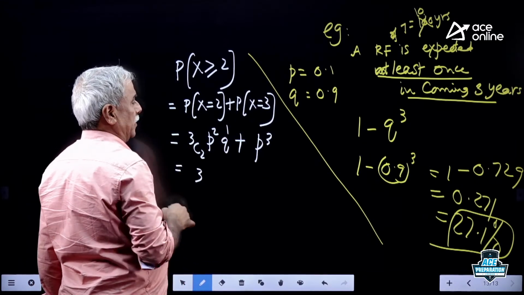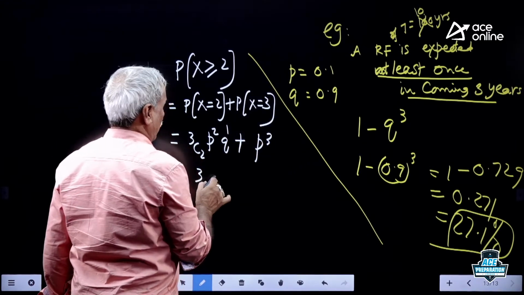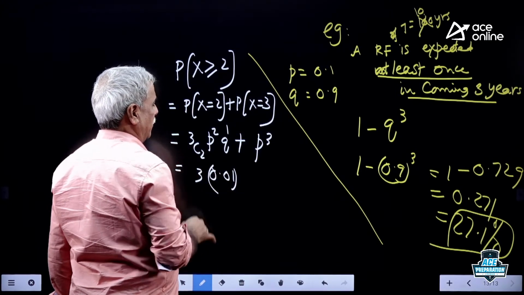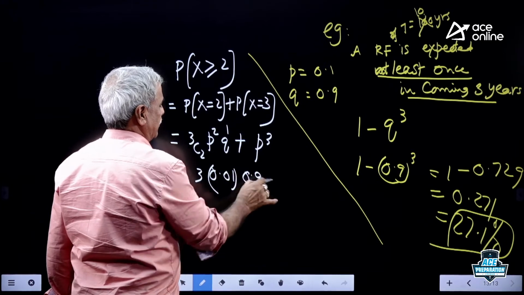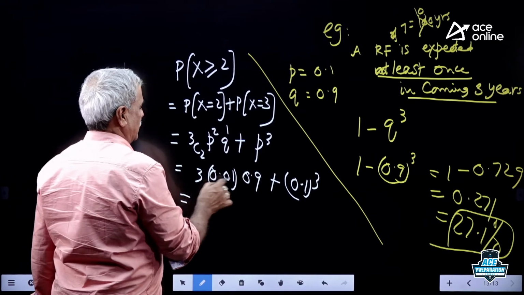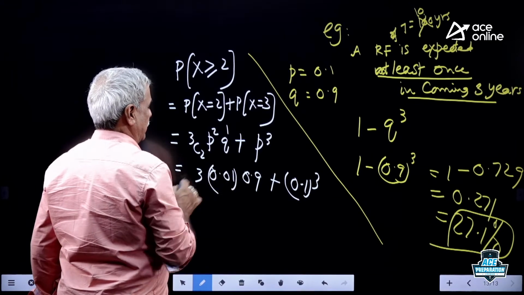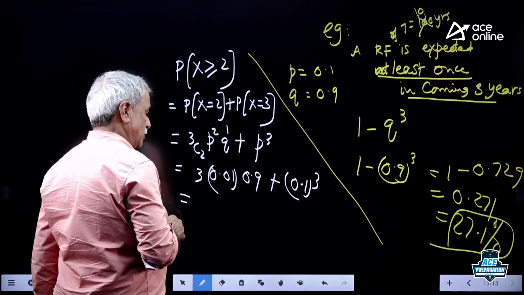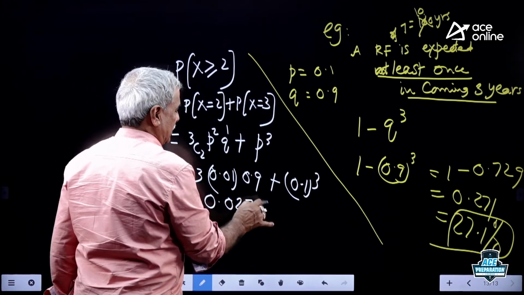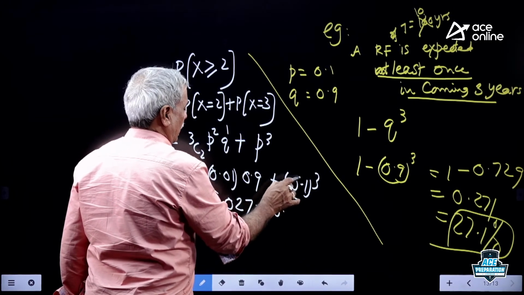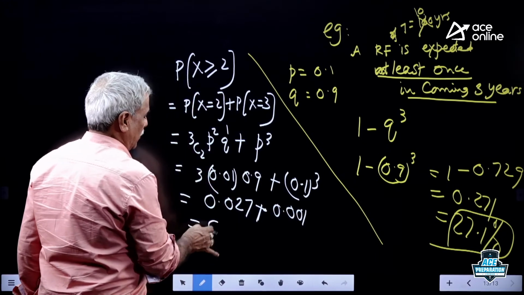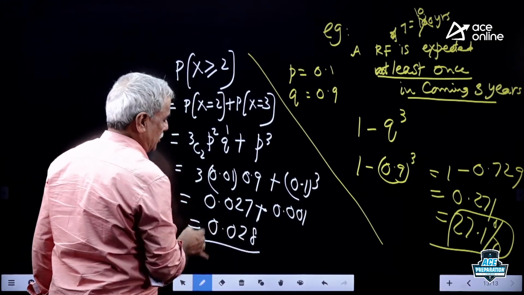3C2 is 3. P is 0.1, P square is 0.01, into 0.9, plus 0.1 whole cube. You can simplify: 0.009 into 3 is 0.027, plus 0.1 to the power of 3, which is 0.001, you will get 0.028.